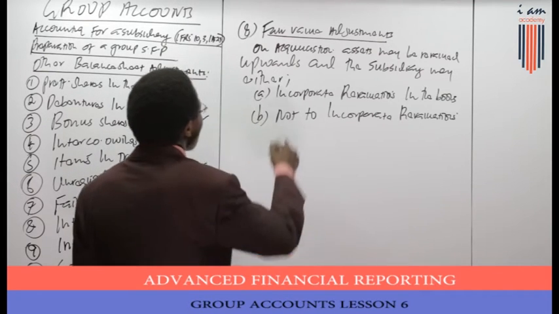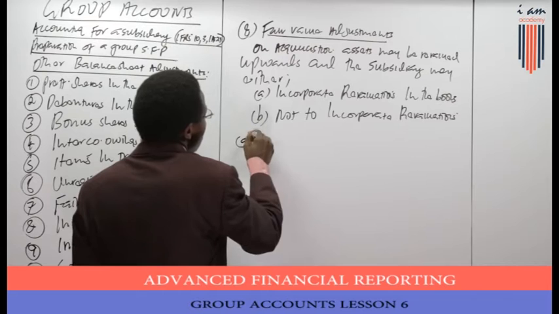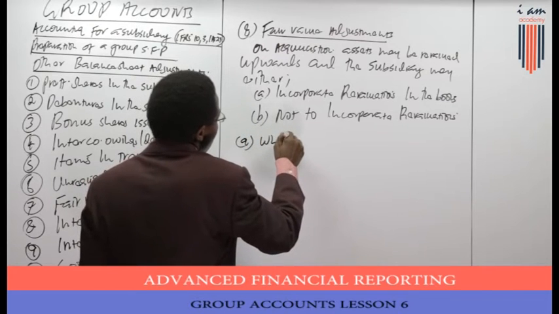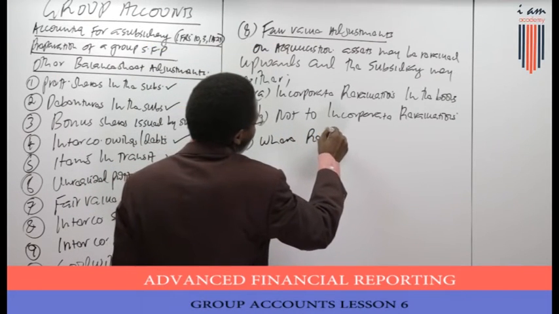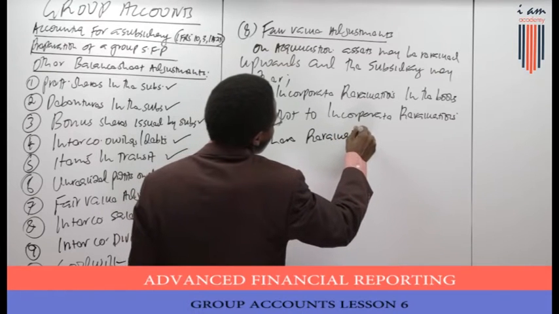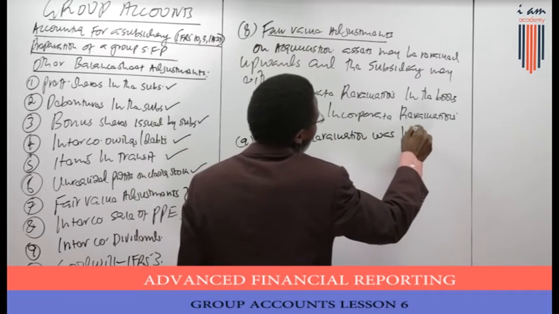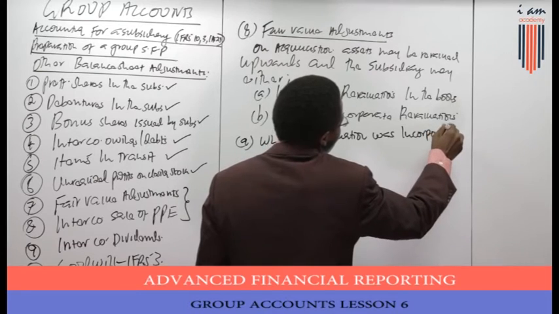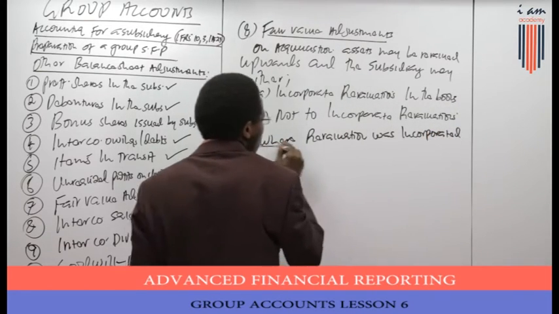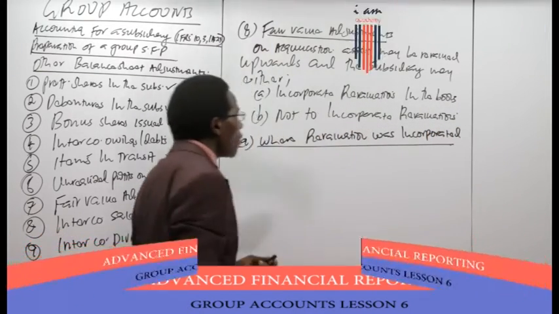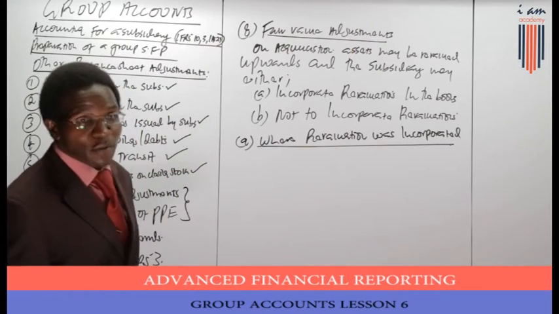So in this case, we say A, where revaluation was incorporated, life is very simple.